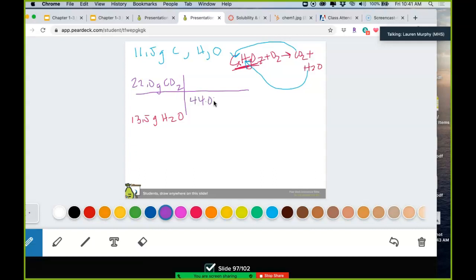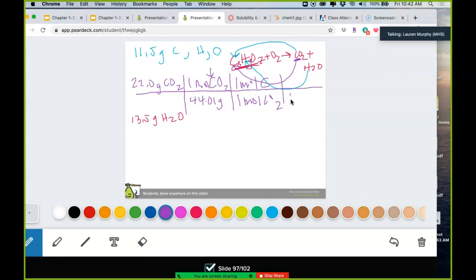44 grams of carbon dioxide in every 1 mole of carbon dioxide. Well, we know that all of the carbon in carbon dioxide had to have come from the organic compound because there's no other sources of carbon. So I'm going to break my carbon dioxide molecule apart into carbon atoms. 1 mole of carbon dioxide has 1 mole of carbon atoms. Why? Because there's 1 carbon in carbon dioxide.